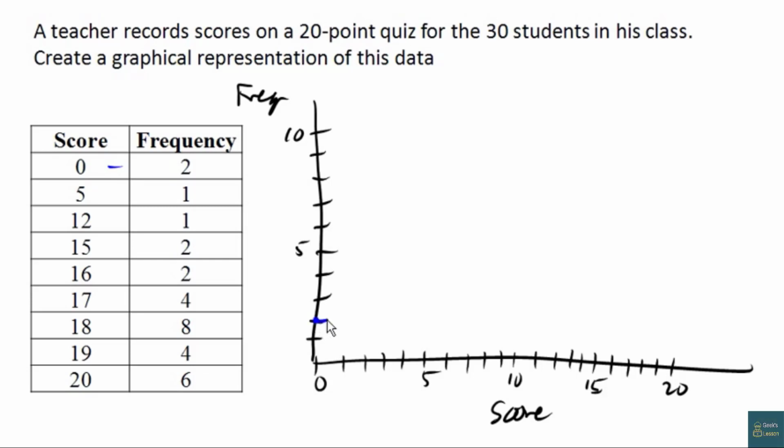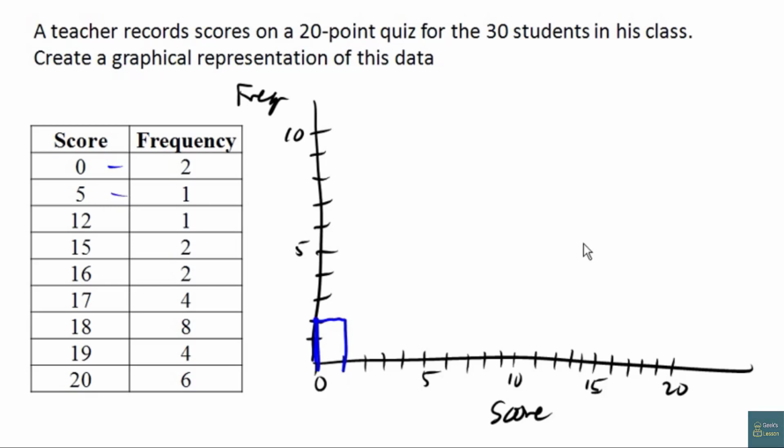And so this is really a bar corresponding to a score of 0, which is on the left side of the bar. Different books and different software do this differently, but this is the approach that we're going to use.